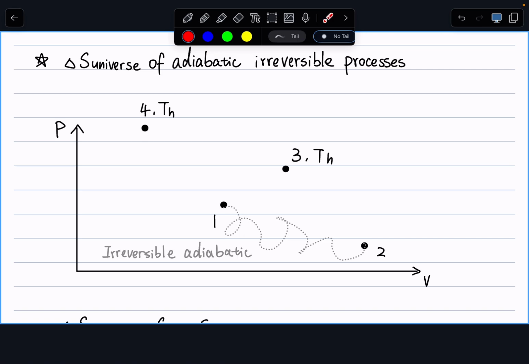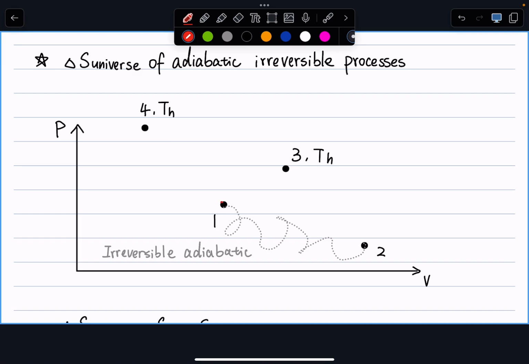Now imagine the way we built this system is we want to have the delta S between point 1 to point 2.